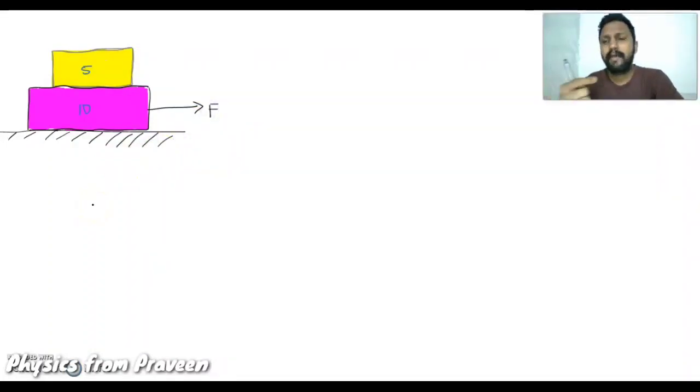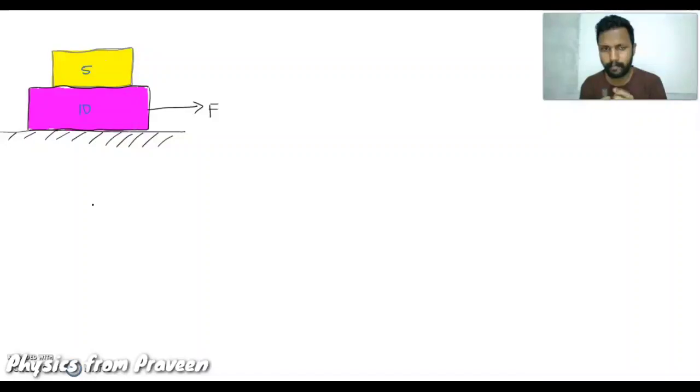If I apply a small force, the two blocks will move together without any skidding. The 5 kilogram block will remain over the 10 kilogram block.